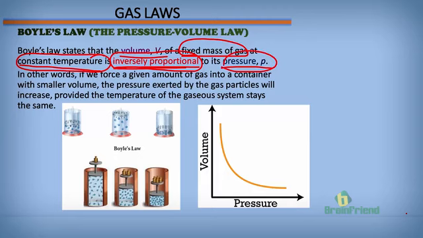In other words, if we were to force a given amount of gas into a smaller volume, the pressure exerted by the gas particles will increase, provided that the temperature of the system stays the same or remains constant.